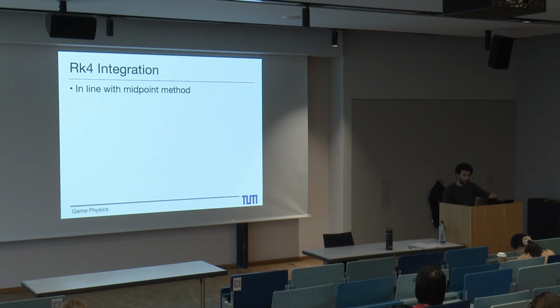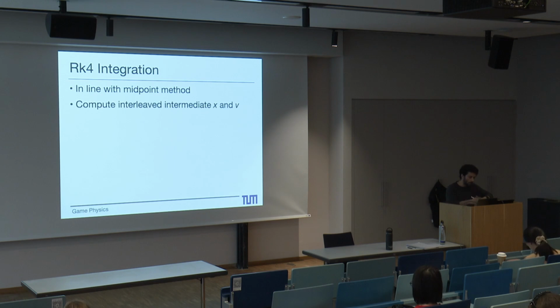However, we need to interleave the computation of x and v, and so there will be a k1, 2, 3, and 4 for the position, and k1, 2, 3, and 4 for the velocity, and we need to step by each and every k one at a time, and only then can we have the final weighted value for that situation.